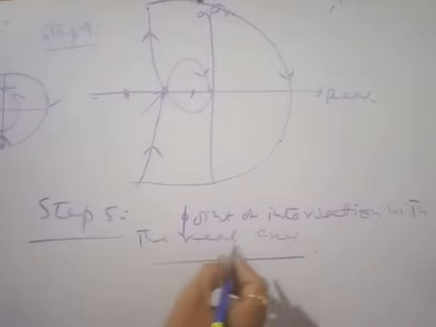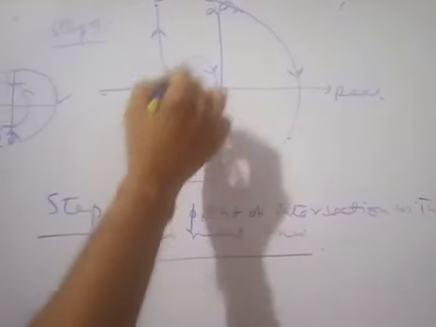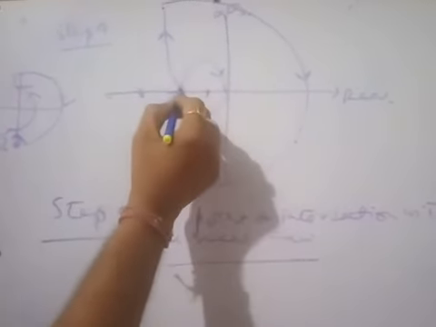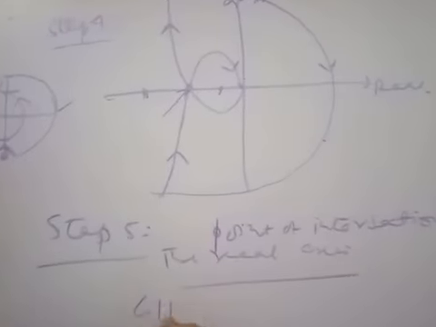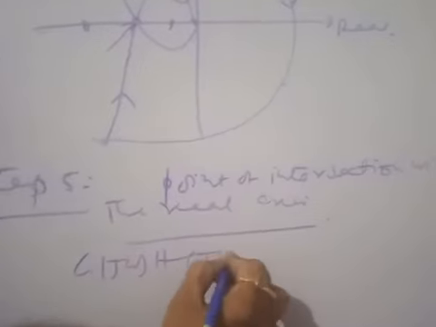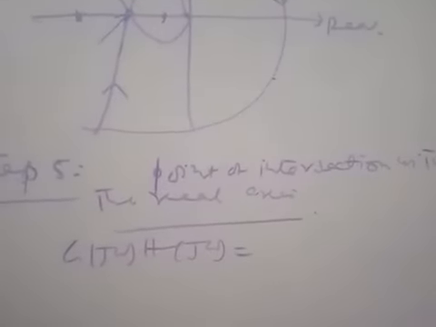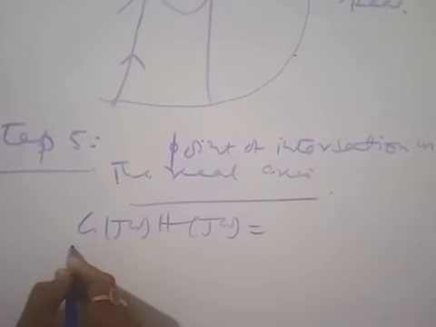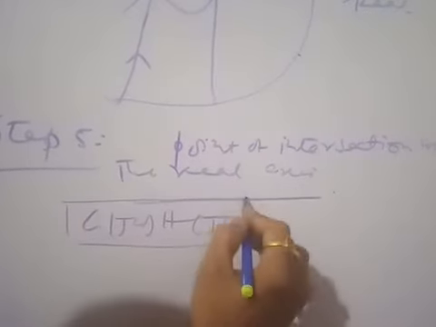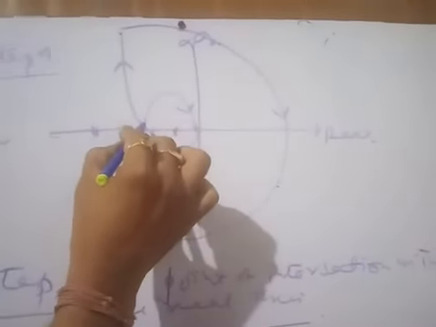To find the point of intersection of the polar plot with the real axis, we have to consider the G(j omega)H(j omega) transfer function we have developed so far, right? So we will rewrite the transfer function G(j omega)H(j omega).